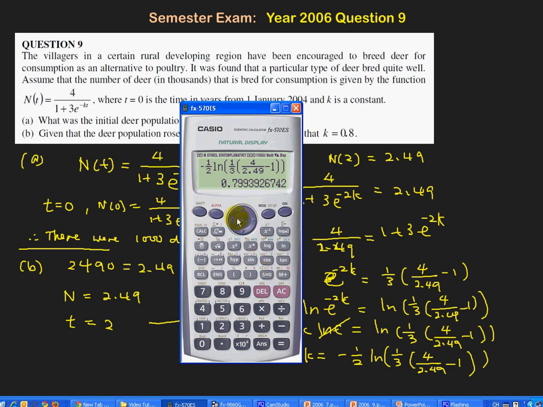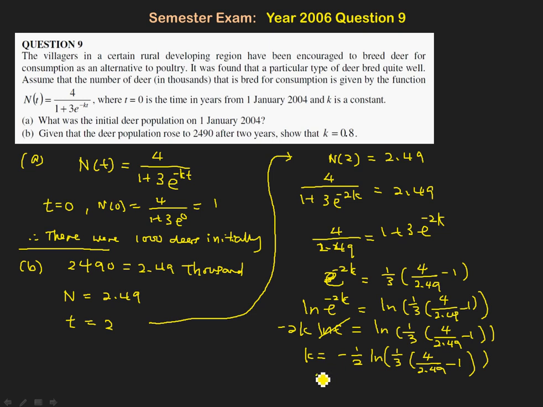So approximately 0.799. Of course, this is equal to 0.800 if we round to 3 significant figures. So we have shown that k is 0.8 after 2 years with the number of N given.